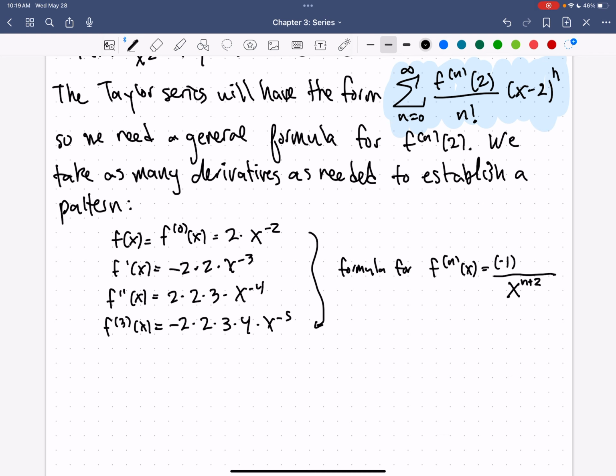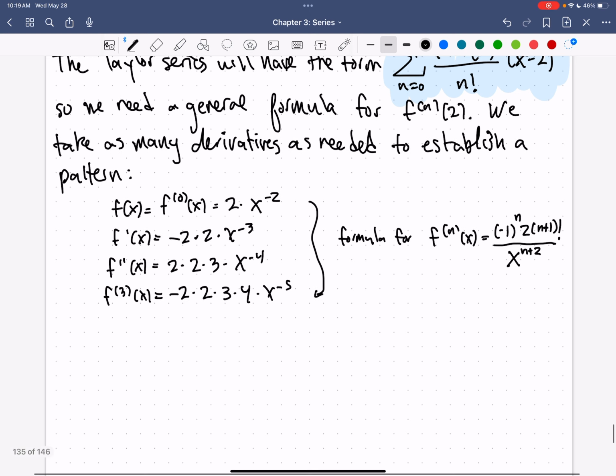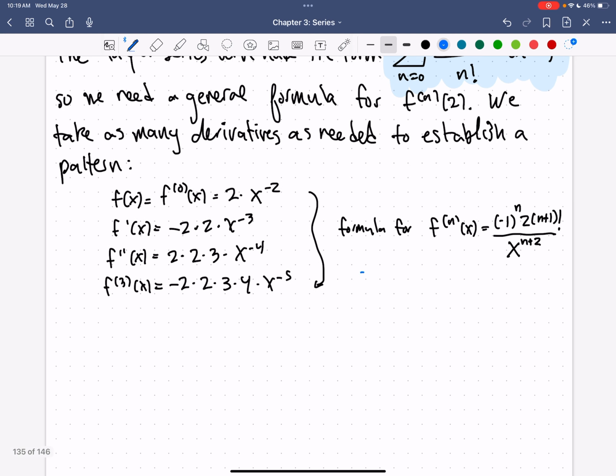Then we get a negative for odd derivatives and a positive for even ones. So we should just have negative 1 to the n. Then there's always that 2, and then there's always that n plus 1 factorial. You can check if this works. This formula works for the fourth derivative, and I think that's what we did in class yesterday, but I'm not going to do that again.